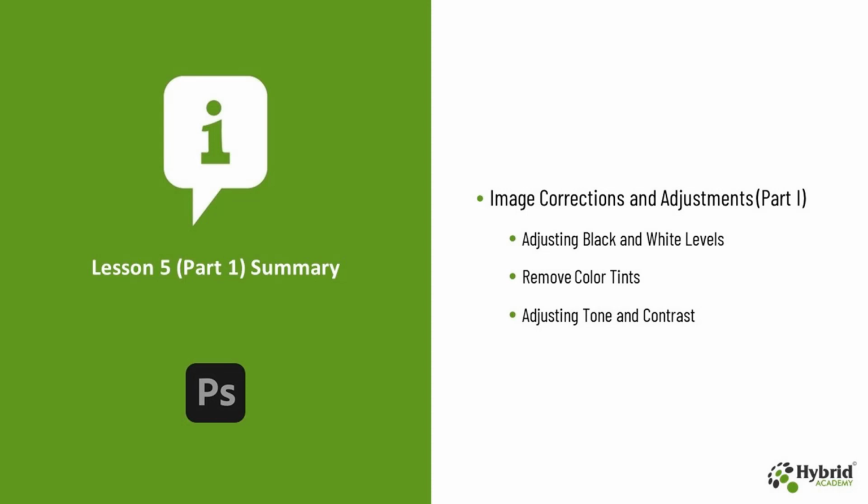So with this we come to the end of lesson 5 part 1, that is image corrections and adjustments. In this session we learned how to adjust the black and white levels, how to remove color tints, and we also learned about adjusting the tone and contrast of a picture.